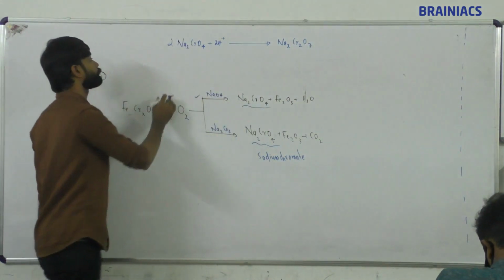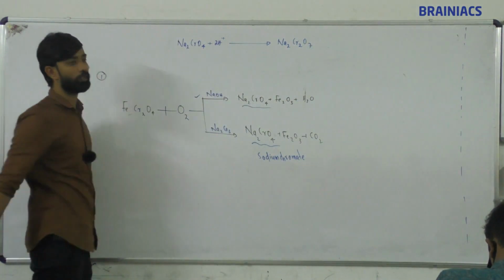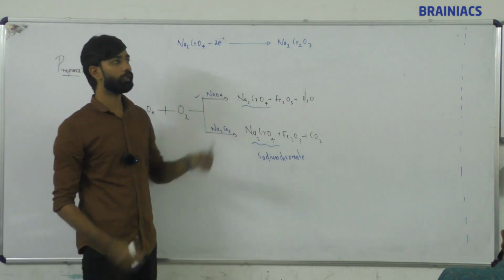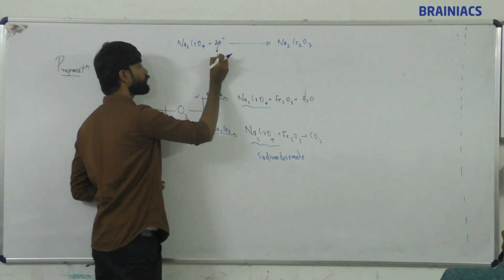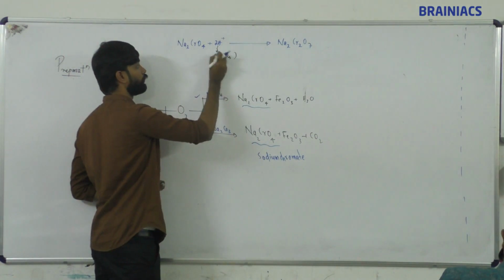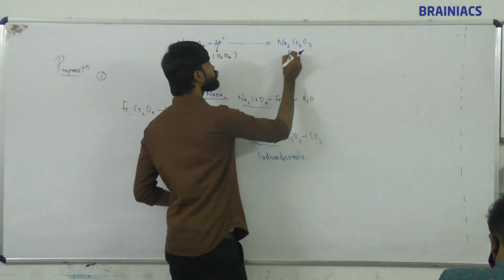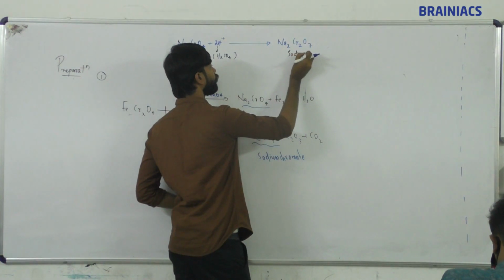No need of showing stoichiometry. This is sodium chromate, which is acidified in presence of, say, sulfuric acid, to form sodium dichromate.